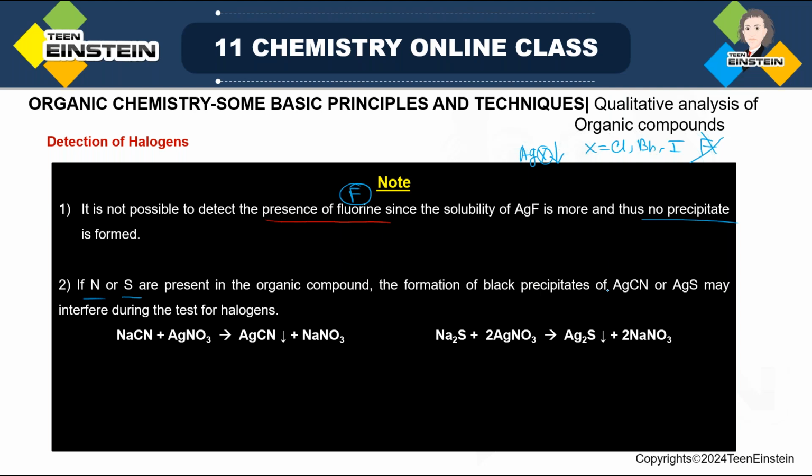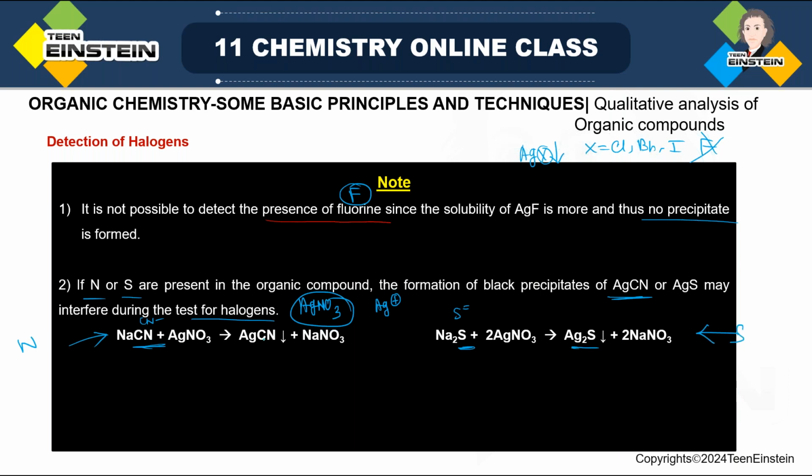The formation of black precipitate of AgCN and Ag2S may interfere during the test, because in the test for halogen you add AgNO3 after acidification, and this AgNO3 has Ag+ cation present, which can react with CN- or with sulfide, S2-. So this is only for when nitrogen is present, and this is for when sulfur is present.